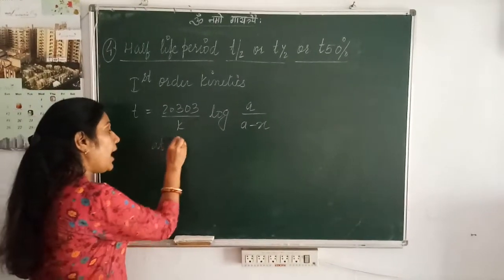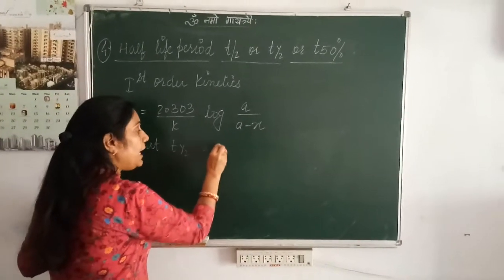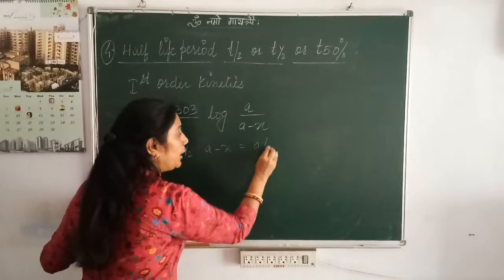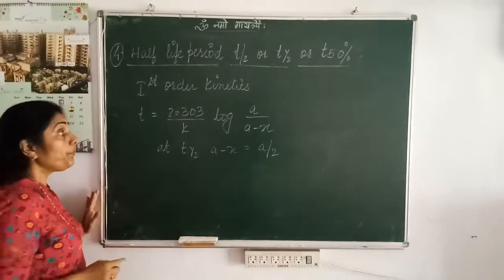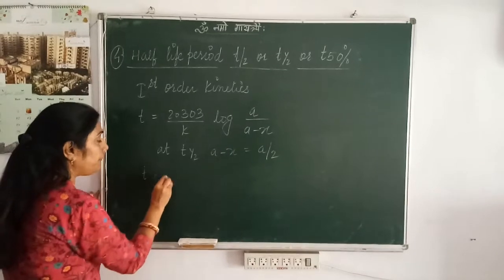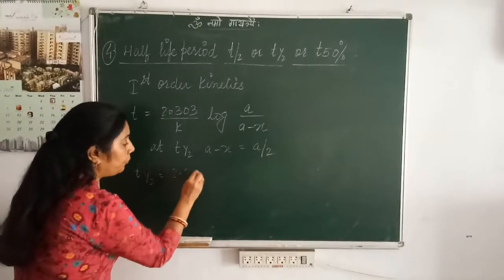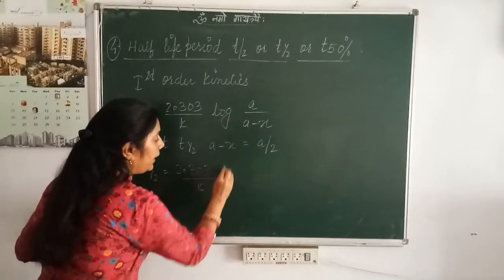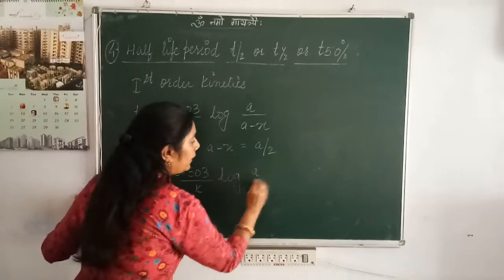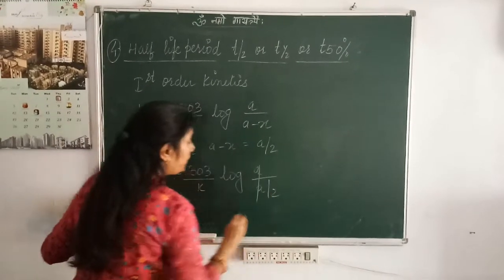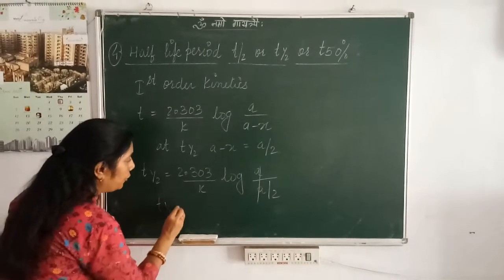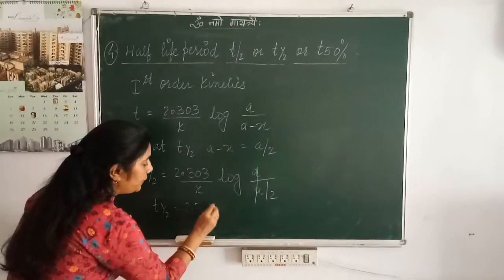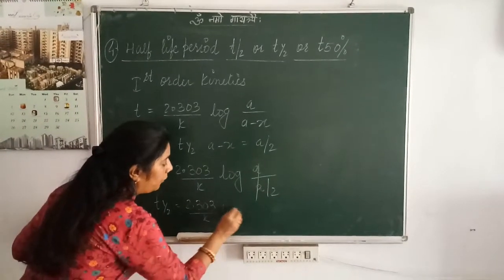At T half, this a - x will be equal to a/2, right? Then T half will be equal to 2.303/k log a/(a/2), so that it becomes log 2, 2.303/k log 2.